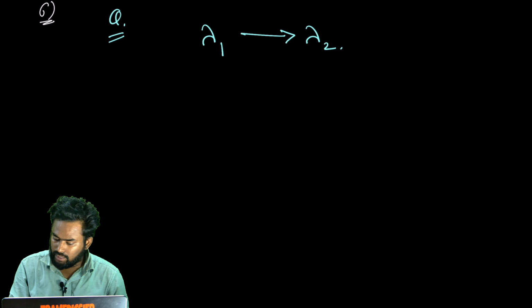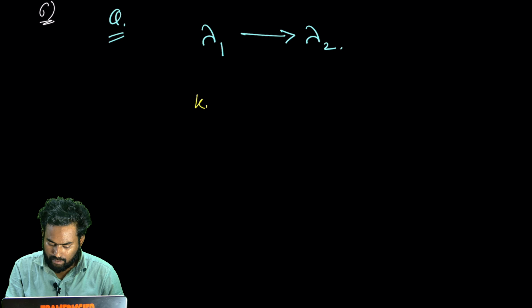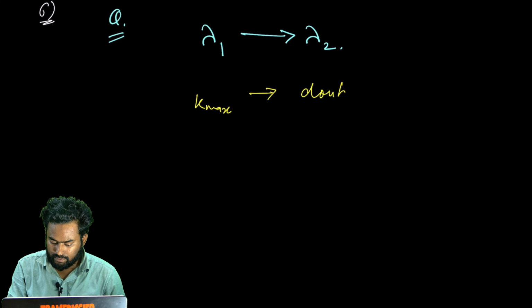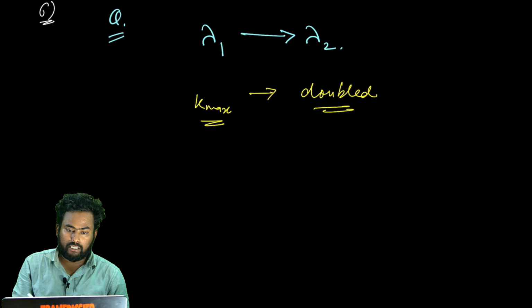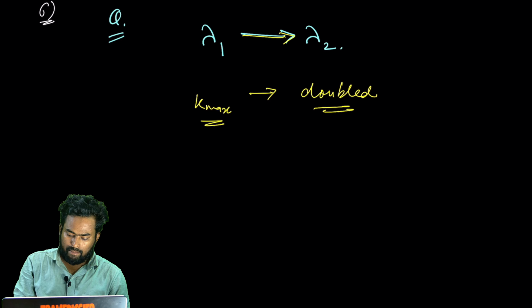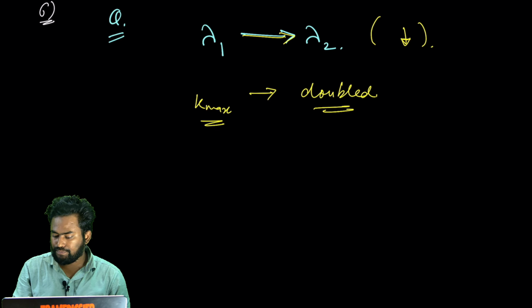Okay, next question. The kinetic energy of the most energetic photoelectrons emitted from a metal is doubled when the wavelength is reduced from lambda 1 to lambda 2. Then K max is doubled, meaning you are decreasing the wavelength and the maximum kinetic energy is doubling. Lambda 2 is less, so kinetic energy is doubled.